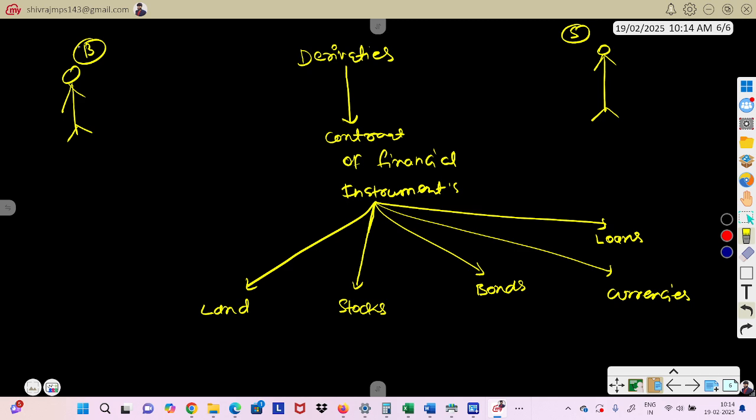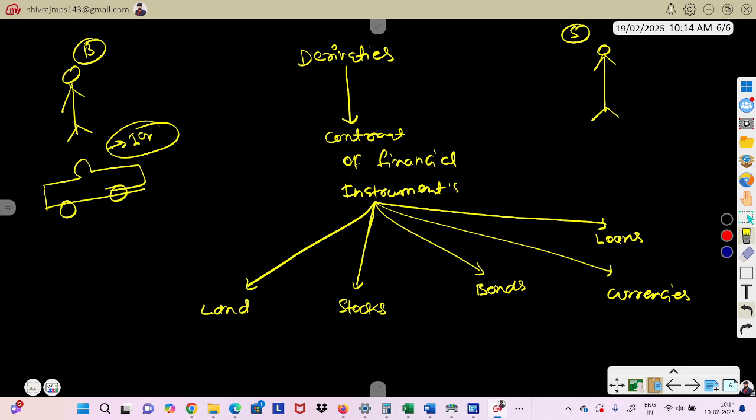How? I'll just give one example. Let's say you have purchased your new car. The car is worth 1 crore. Let's say you purchase it today and the very next day you meet with an accident.